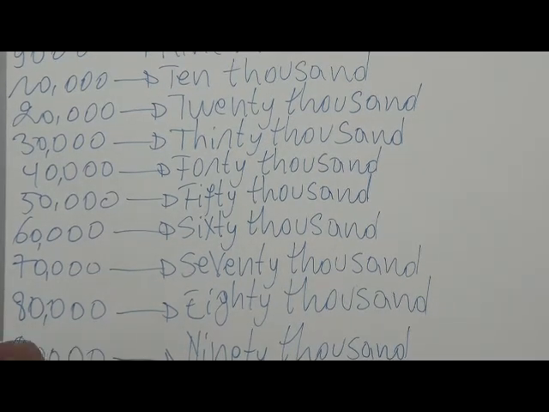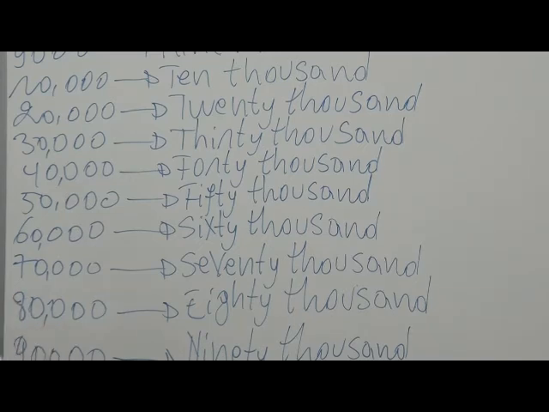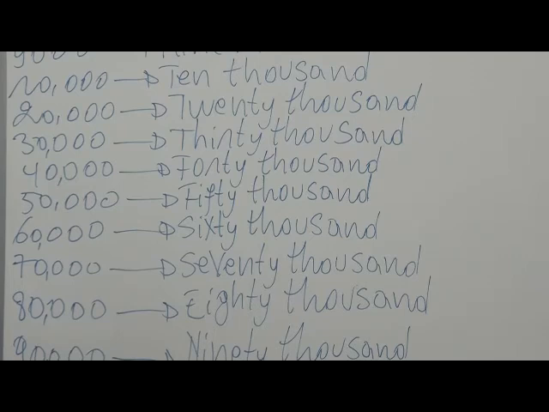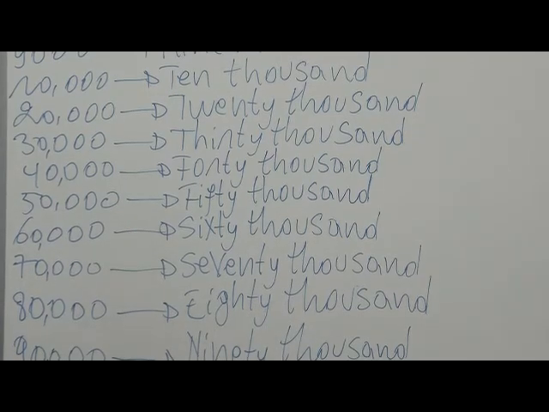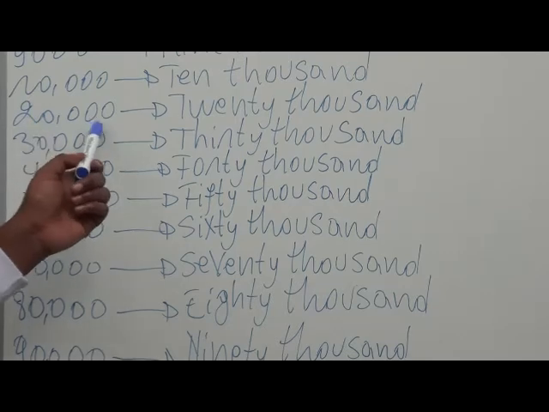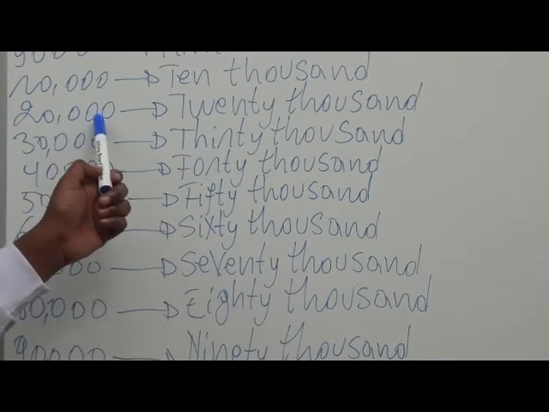I've skipped from 10 to 20 because it is easy. Even 11, 12, 13, when we have 3 zeros, we will say 11,000, 12,000, 13,000, 14,000, 15,000, 16,000, 17,000, 18,000, 19,000, and 20. Here we will say 20, and these 3 zeros we say 1,000.